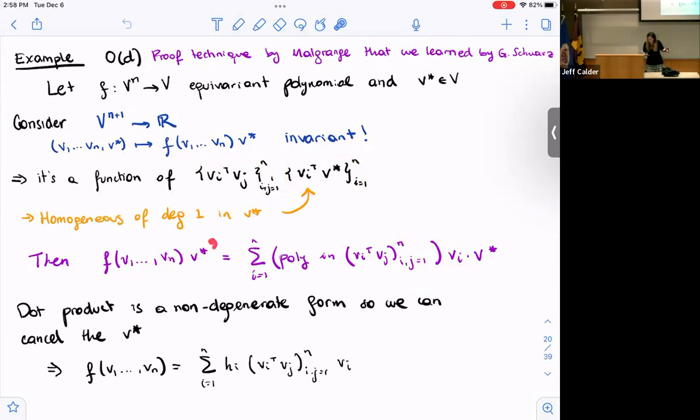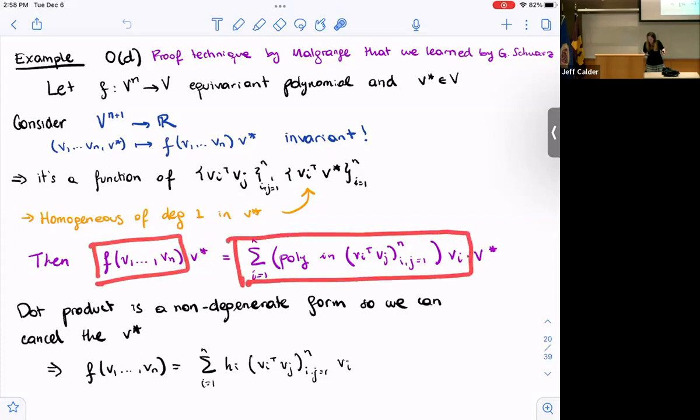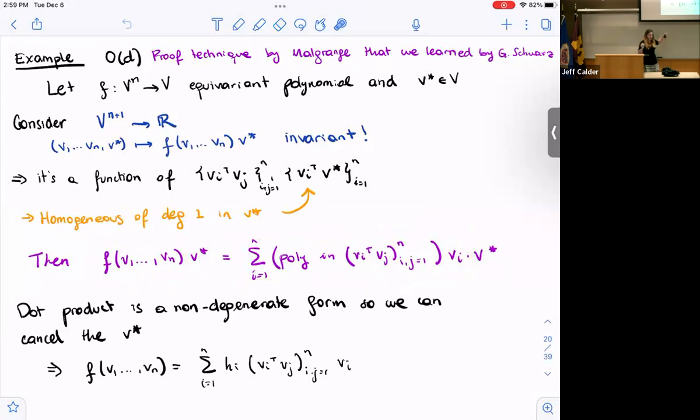And so after that, I can just cancel out these two guys, and I get that the function that I had before is a polynomial combination of my original inner products times my original vectors. I don't know if that makes sense.